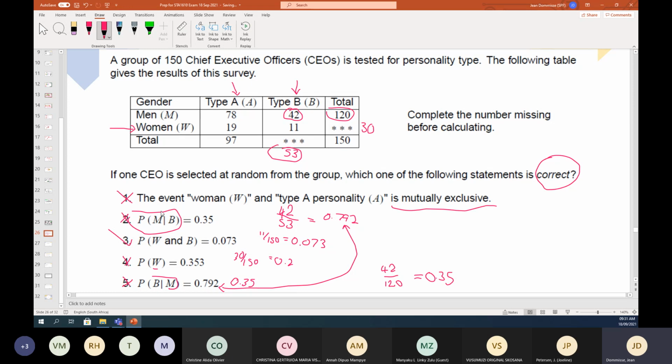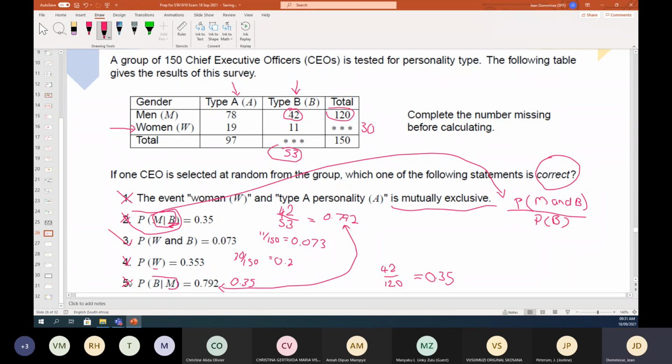When I look at that one, remember when you write out the formula, and how I remember it is you write out the formula as the and, so it's the probability of M and B divided by the one that's at the back. So divide by the given.